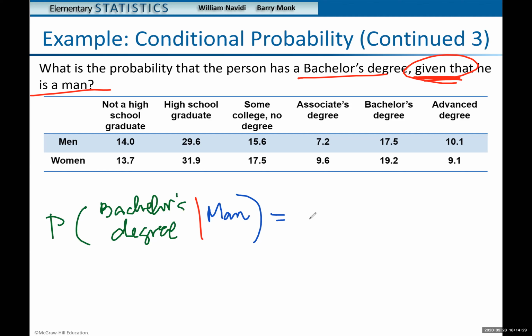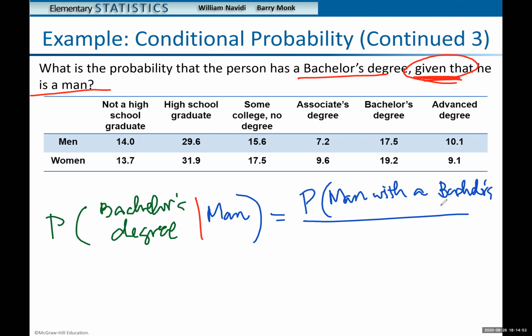To answer this, a person has a bachelor's degree given that he is a man. So meaning this is going to be the probability of a man with a bachelor's degree over the probability that he is a man.